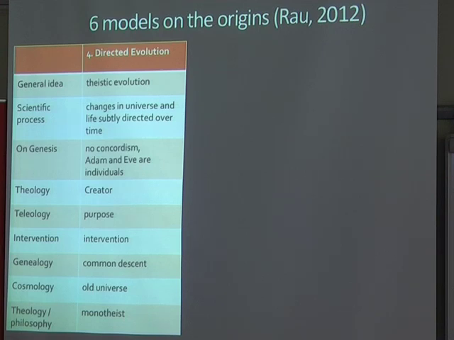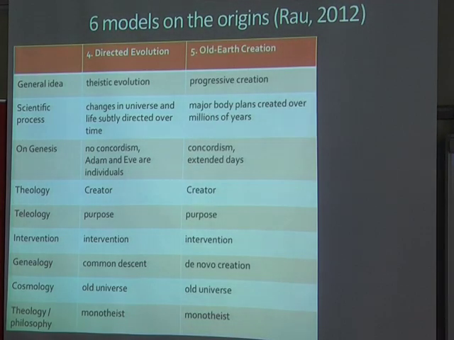I guess we talked this morning that some people will try to see the first day, that's what happened, the second day, that's what happened, and try to fit that to what we know about evolution. Again, in that model, it's okay with common descent, old universe, and that's a monotheist approach.